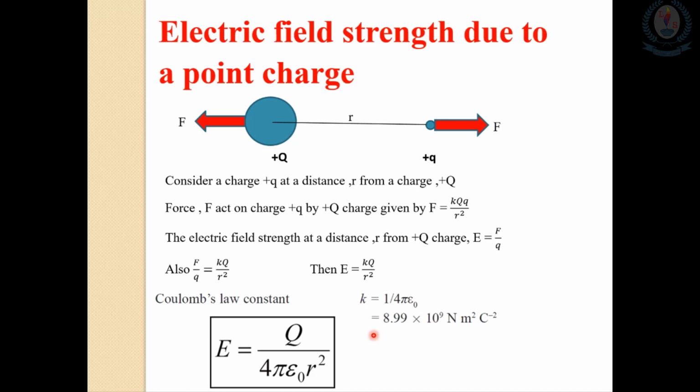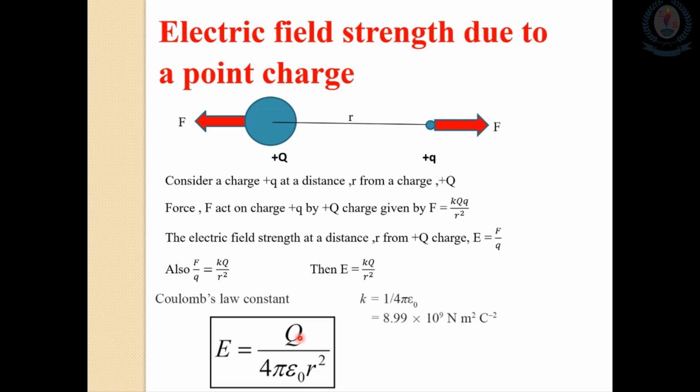If I explain this further, you can understand it for any given charge. This relationship is very important for finding the electric field strength acting on a unit charge at a distance r from any charge. It can be Q1, Q2, whatever.